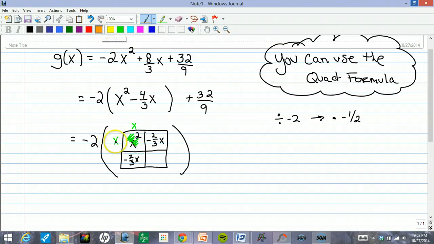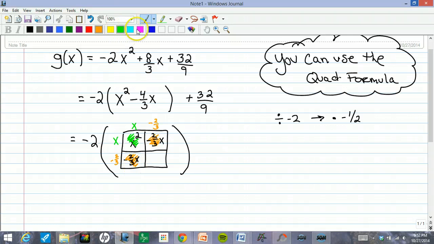And if we think of this as row x, this column would need to be negative 2 thirds, so that x times negative 2 thirds gives you your negative 2 thirds x. Likewise, this dimension would need to be negative 2 thirds, so that when we multiply this row by this column value, we get negative 2 thirds x.